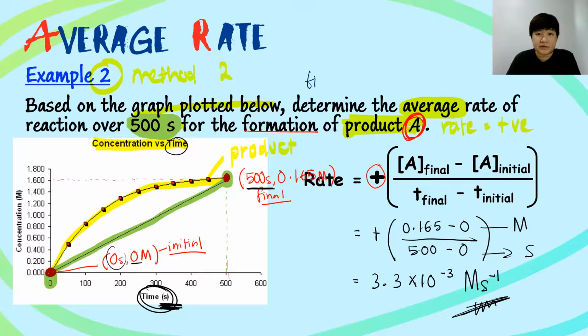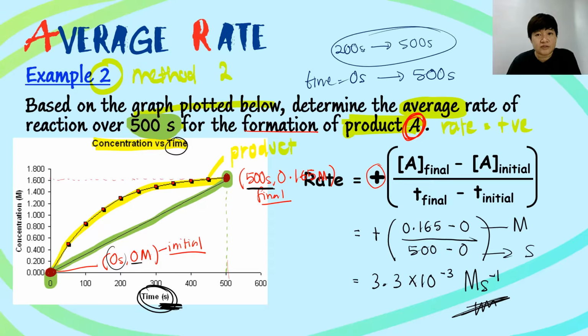If the question said I want 200 seconds until 500 seconds, then your straight line will be drawn from 200 seconds to 500 seconds. So the straight line depends on the average rate over what period of time.